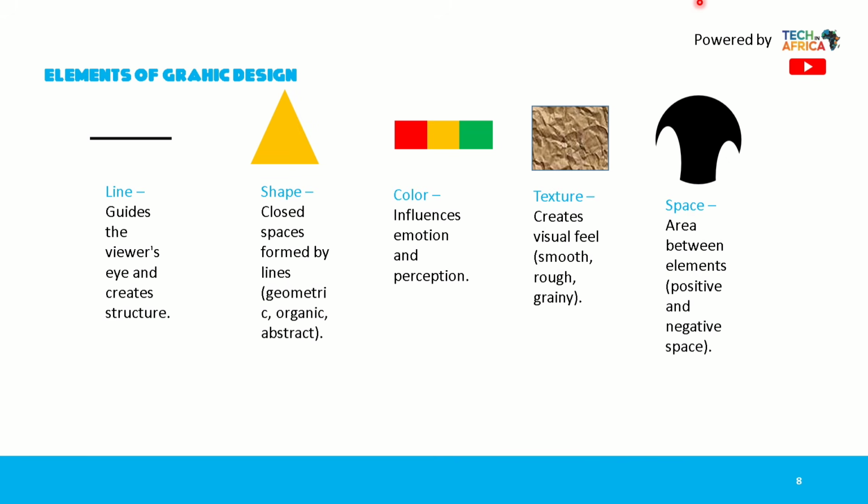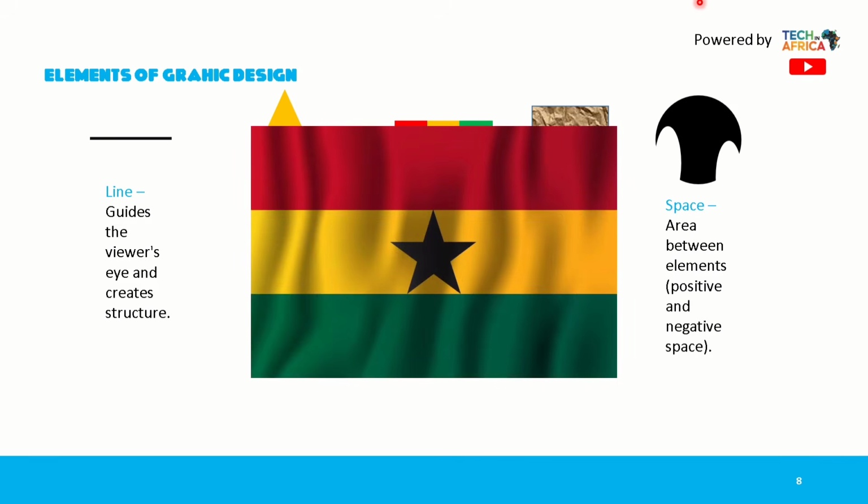For instance, take the Ghana flag. I'm a Ghanaian, actually. You realize that we have red, gold, green. The red symbolizes the blood of those who died for independence, yellow the rich mineral wealth, and green the green vegetation.